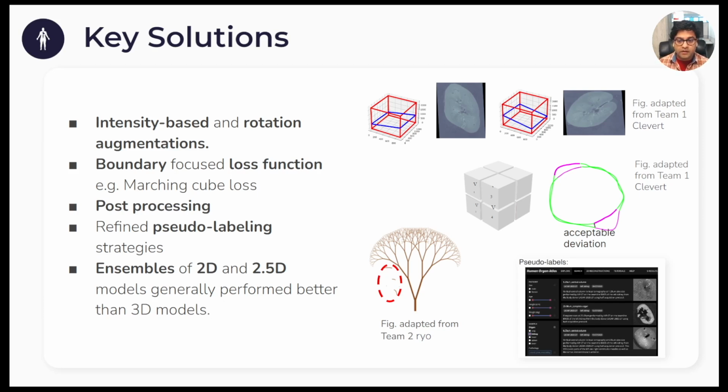Focusing on boundary-focused loss functions like marching cube loss really helped, and post-processing the predictions to remove the disconnected chunks that are farther away from the vascular tree also helped remove the false positives. Coming up with different pseudo-labeling strategies helped teams use data sets that didn't have ground truths associated with them. And generally, the ensembles of 2D and 2.5D models perform better than using just 3D models.